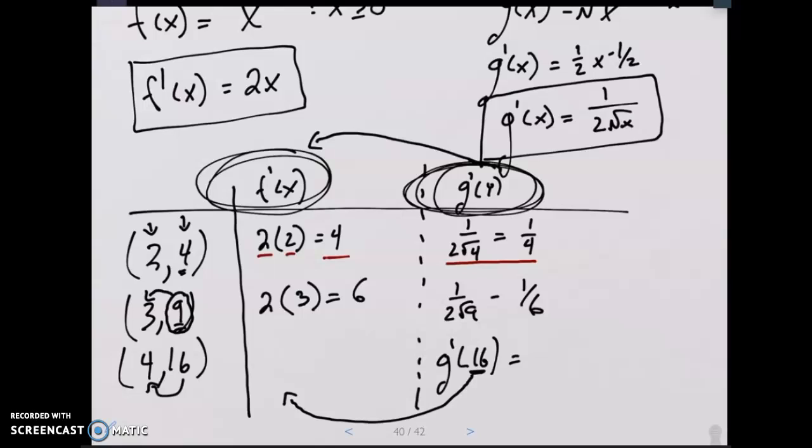So I'm actually going to find F prime of 4 and then flip it to find G prime of 16. So F prime of 4 is going to be 2 times 4, which is 8. So now if I want to work backwards and find out what G prime of 16 is, I just have to flip that, and I get 1/8.